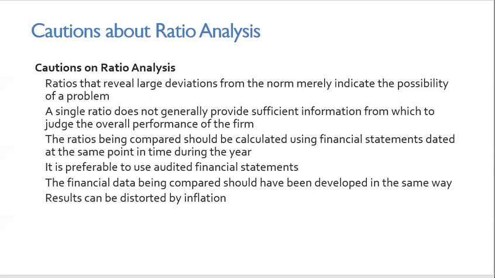It is preferable to use audited financial statements because audited financial statements have been audited and therefore assured by the auditing firm that the information there are not materially incorrect. Okay. The financial data being compared should have been developed in the same way, and results can be distorted by inflation, of course, right? Because historical cost accounting ang nasa books ng companies.